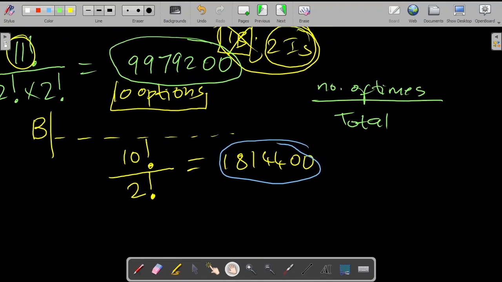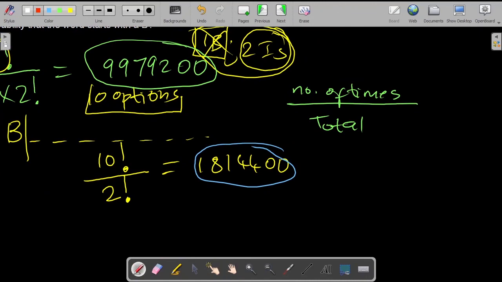So the total number of arrangements includes even those that don't start with B, but now we're specifically looking for the probability that a word starts with B.